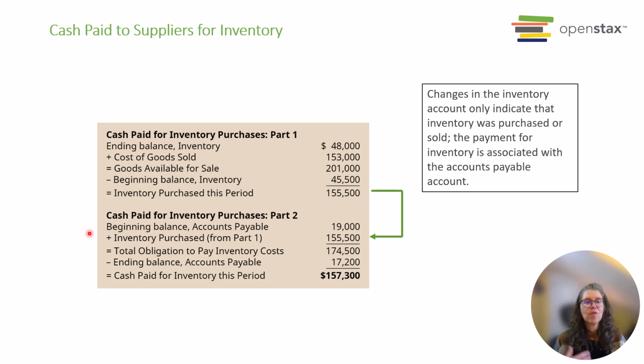So we want to show changes in our accounts payable and how much cash we paid out from this part of the activity. So same process. You'll notice we start here with an ending balance in inventory. We add our cost of goods sold. That gives us all the inventory that this company had available for sale. We subtract then what was left in inventory, and that tells us how much they actually purchased in the period.